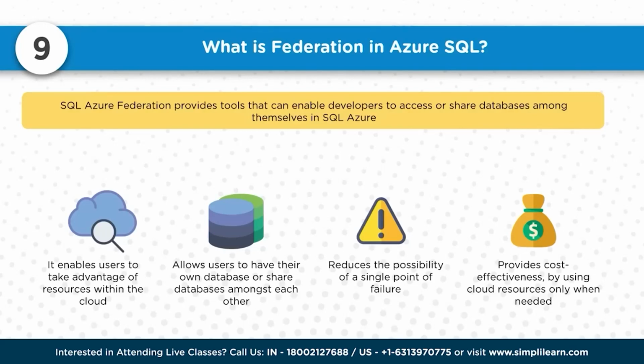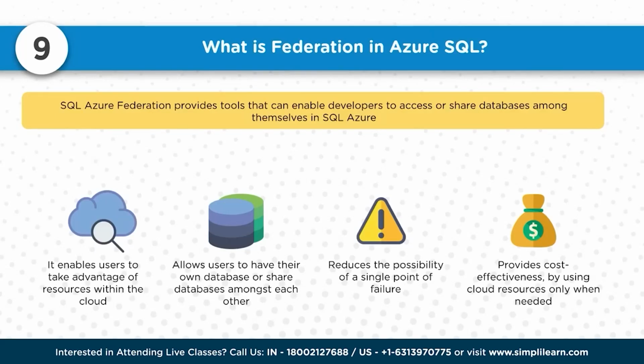We're well aware of scaling the web service. That's very common. But how do we scale the database? Microsoft provides the tools and technologies so we can scale out the database in the cloud, and that's what is called federation in Azure SQL. The way we scale out the SQL database is by sharding the database.